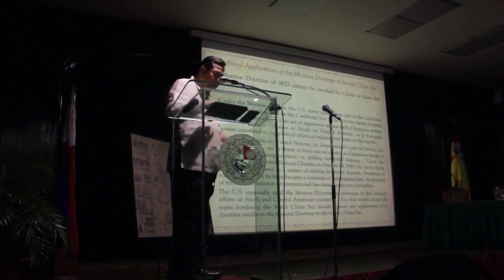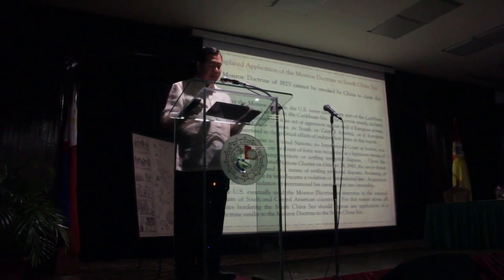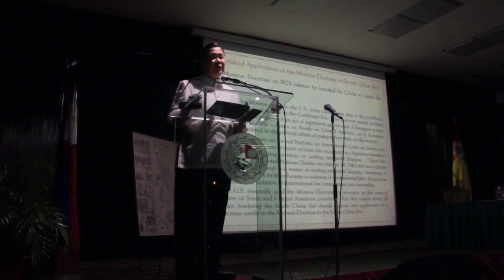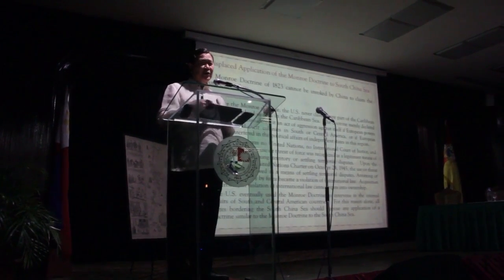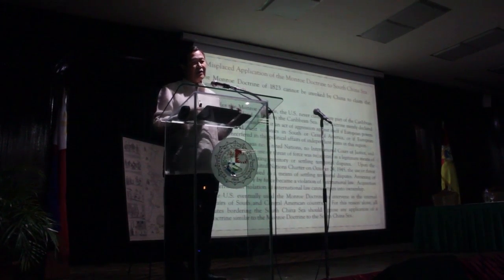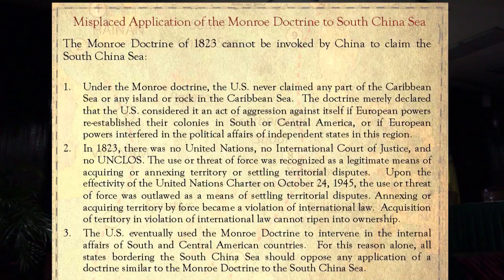Now, there are some writers, including Robert Kaplan, who said that, let China do this, claim the South China Sea, because the U.S. also claimed, the U.S. had a Monroe Doctrine. This 9-dash line is the equivalent of the Monroe Doctrine. In the Monroe Doctrine, however, the U.S. never claimed any part of the Caribbean Sea or any island or rock.